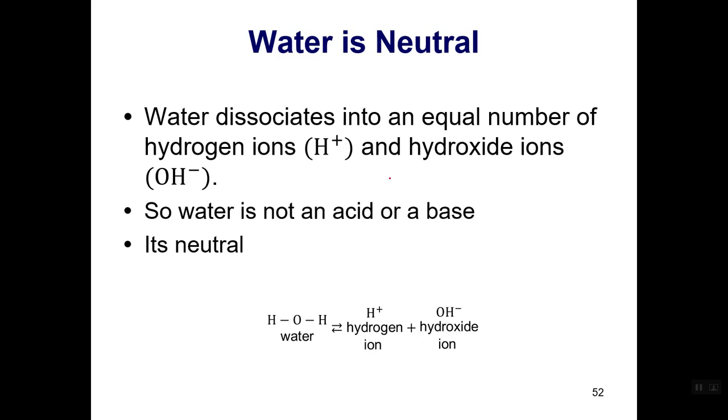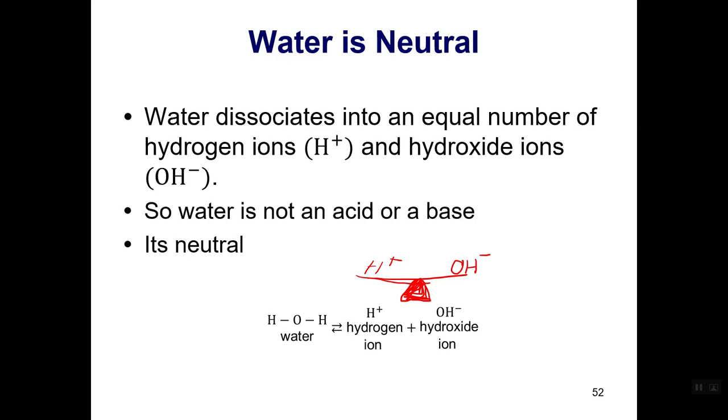If we think about it on that seesaw, here's my seesaw, we would have just as many hydroxide ions as hydrogen ions. So the seesaw is neutral. Water is a neutral substance. It's not an acid and it's not a base, because there are just as many hydrogen ions as there are hydroxide ions.